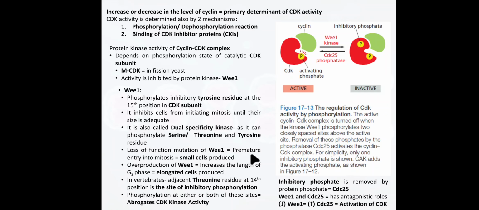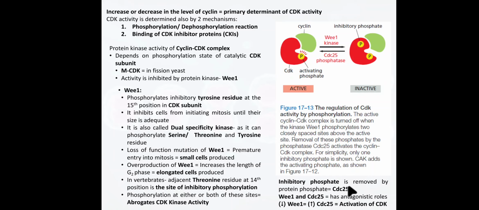Okay, loss of function, what happens? Premature entry into mitosis. Overproduction increases the length of the G2 phase, giving elongated cells. In vertebrates, the adjacent residue at the 14th position is the site of inhibitory phosphorylation. Phosphorylation at either or both of these sites abrogates CDK kinase activity.